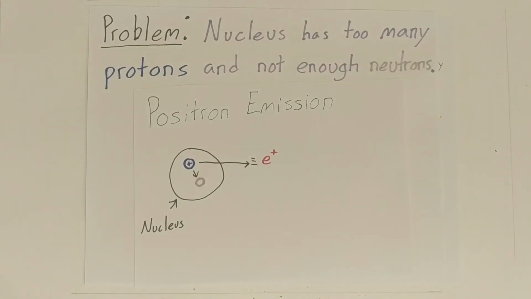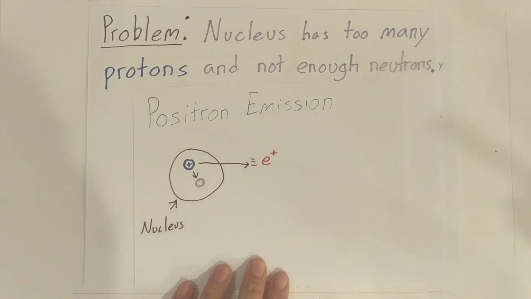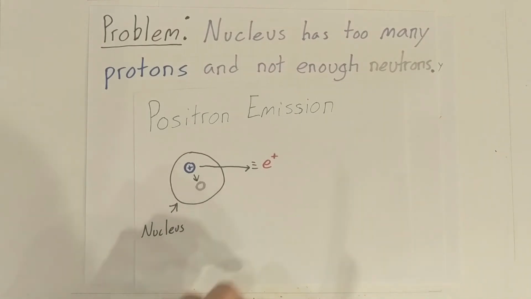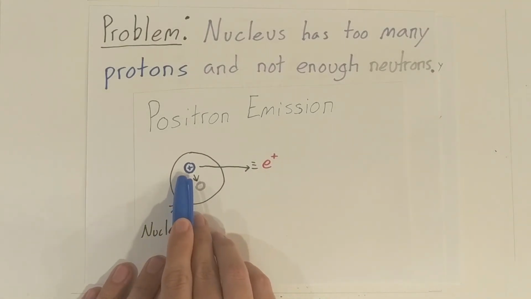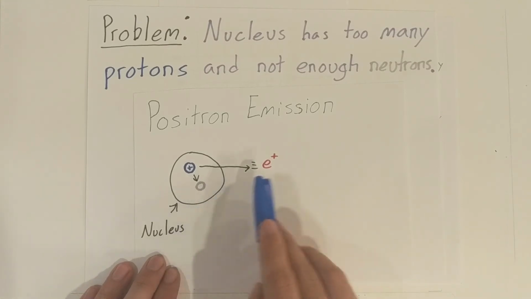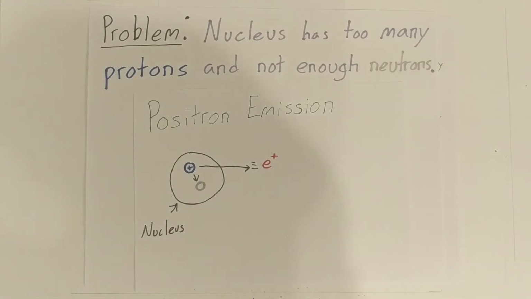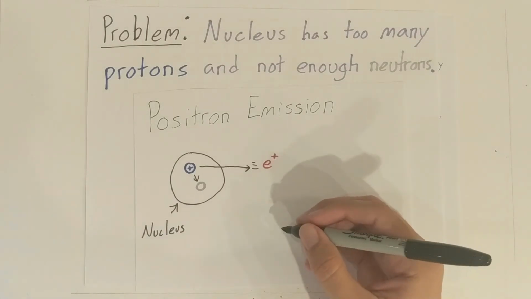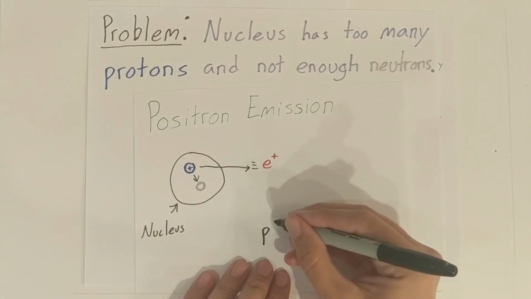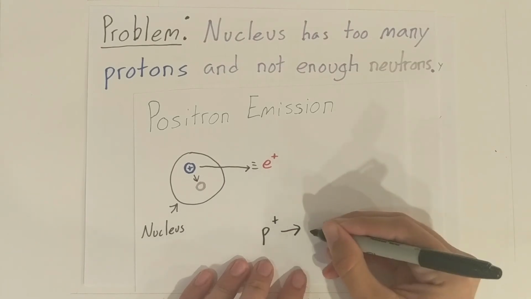So this is very, very similar to beta decay, except instead of emitting a negative electron, we emit a particle very similar to an electron, but it has a positive charge. So our proton becomes a neutron, and a positron, which you could think of as a positively charged electron, and it shoots it off as radiation.